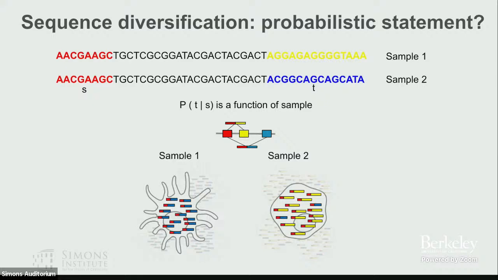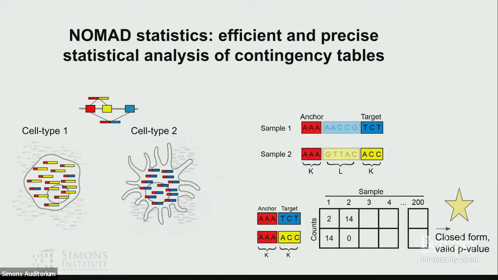It is that if we observe a sequence S at the beginning of this read or RNA transcript, the probability of seeing T, another subsequence some fixed distance downstream of S, is a function of the sample identity. So this probability distribution is sample specific. And that's really the key high level idea that we're going to be working with.